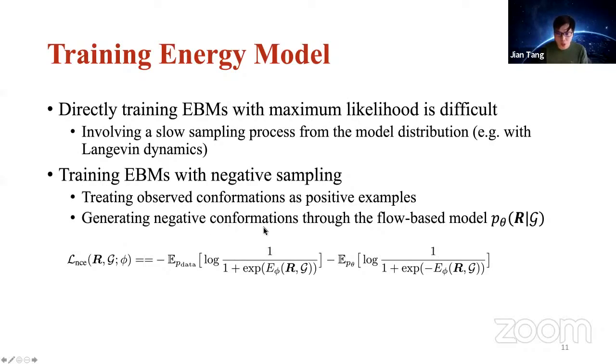The negative conformations are generated from the flow-based model we defined in the first part. That's how we are able to estimate the energy function. Basically, we want to find the energy function which is able to distinguish the positive conformations and the negative conformations. So this is the high-level idea.